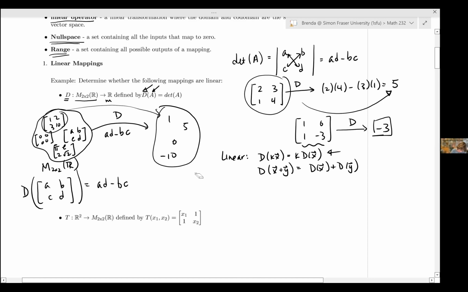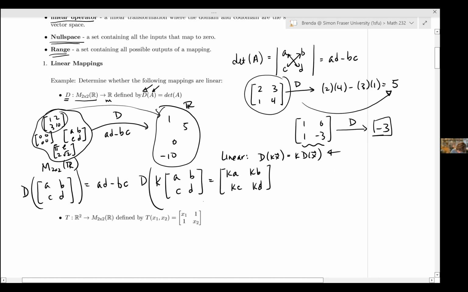Now let's take the input K times A, B, C, D. That input is KA, KB, KC, KD. And then we're going to apply the transformation to that thing there, just like that.